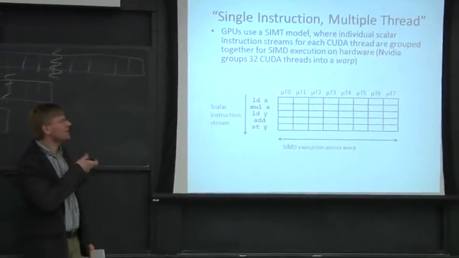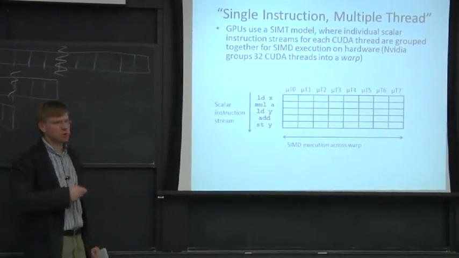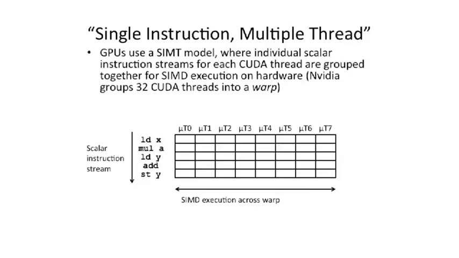So they call this single instruction, multiple thread, which is kind of a funny idea. In reality, it's actually single instruction, multiple data. But they introduced this notion of threads with predication into the single instruction, multiple data to allow effectively one micro thread here to do something slightly different by predication.